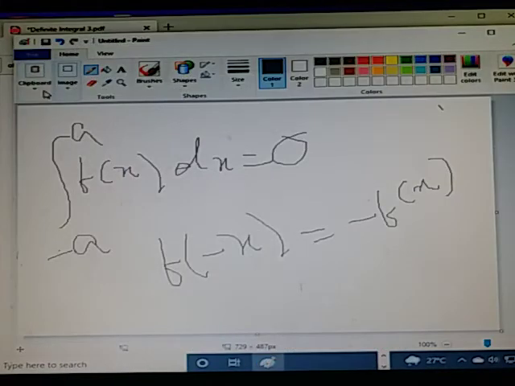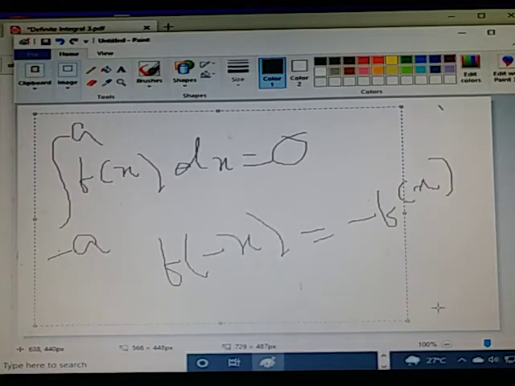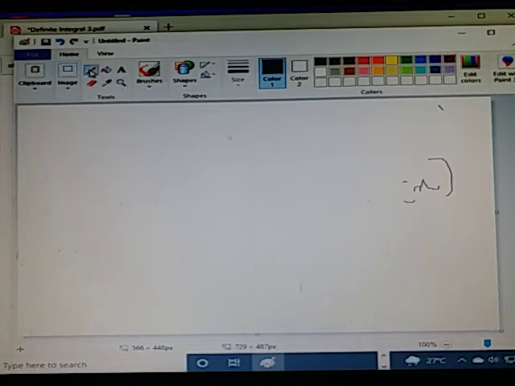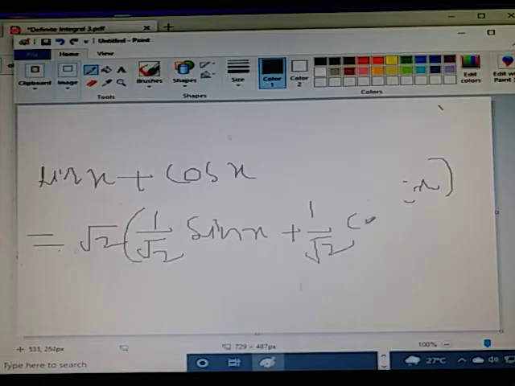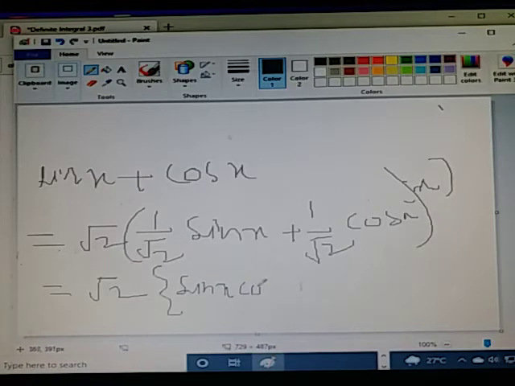We can write sin x plus cos x like this: taking root 2 common, root 2 into 1 by root 2 sin x plus 1 by root 2 cos x, and you write 1 by root 2 as sin pi by 4 and cos pi by 4. So it is sin x cos pi by 4 plus cos x sin pi by 4, that is sin a cos b plus cos a sin b.